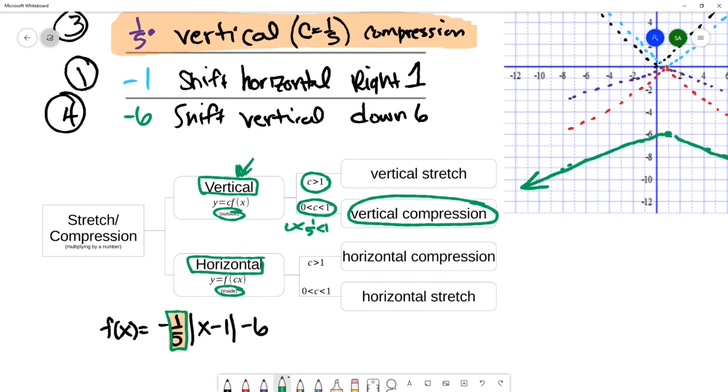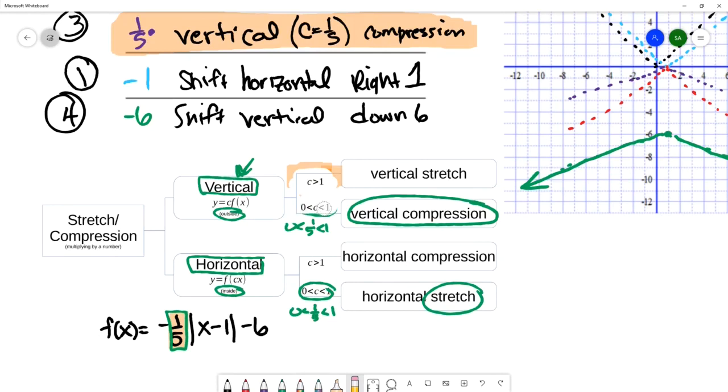Now this may be a little bit confusing, but you can see down here that with the horizontal, when it's in between 0 and 1, it's a stretch instead of a compression. So if you're trying to memorize this, here's the perspective I take. The vertical stretch and compression will match what your intuition says. Your intuition would say if you're using a large number, a number bigger than 1, then it will stretch the graph out.